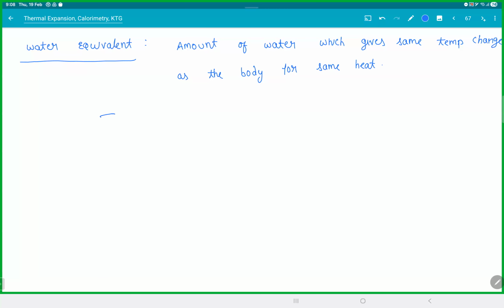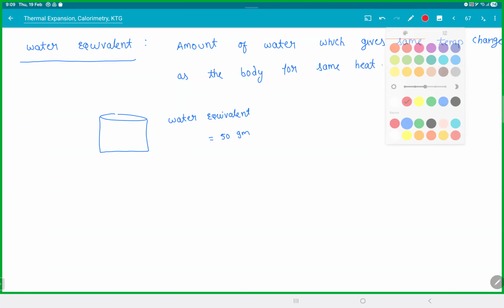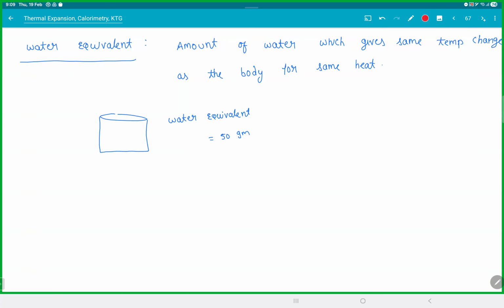Let's say you have a container. Now, the problem was this. If you take a container with water inside, when you give heat, all the heat is not absorbed by the container. It is absorbed by the water and the container. So you get an error. So what these people did, they took this container, gave some heat and saw what the temperature change was. On top of it, it will be printed something like this: water equivalent is 50 grams.